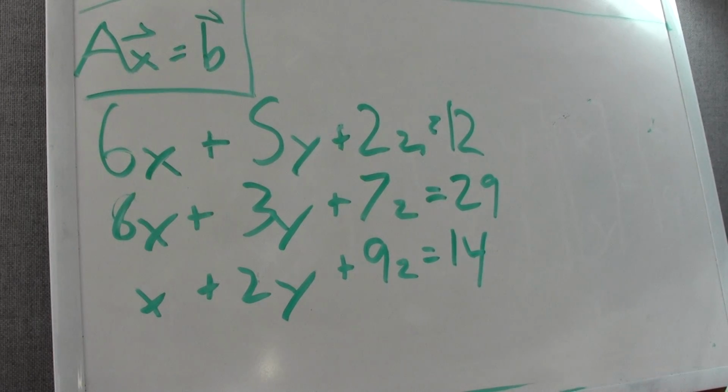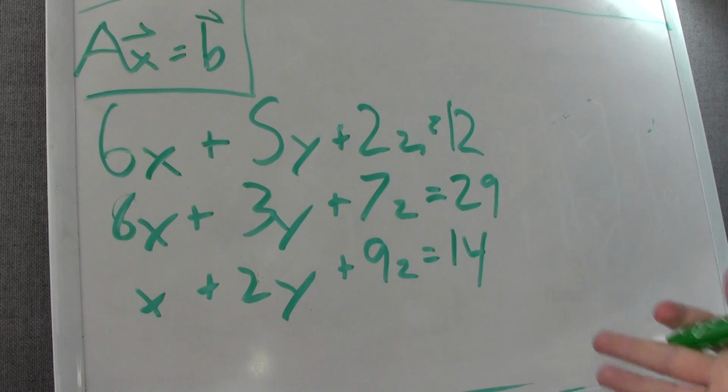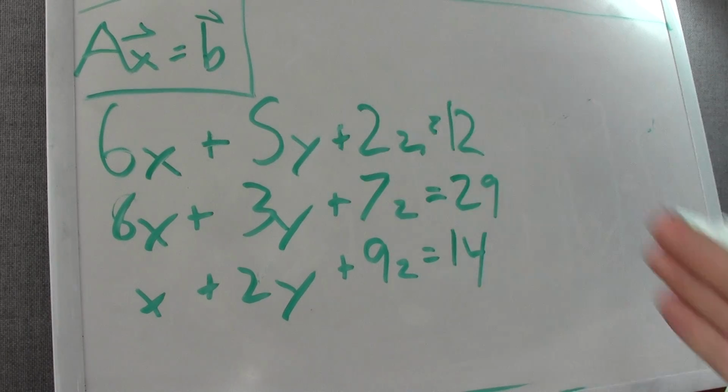Now, as you can see, we added one more variable, and it already looks a lot more complicated. So we want to just simplify this into our nice simple Ax equals b format.